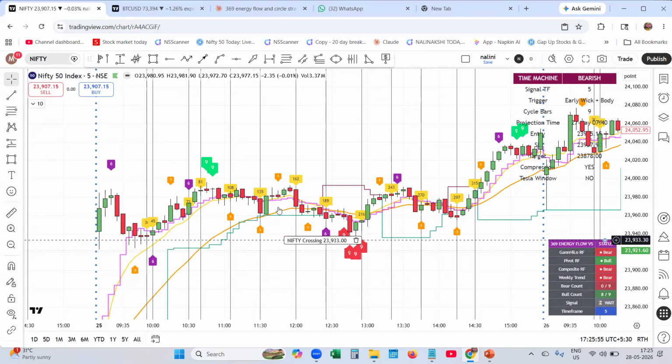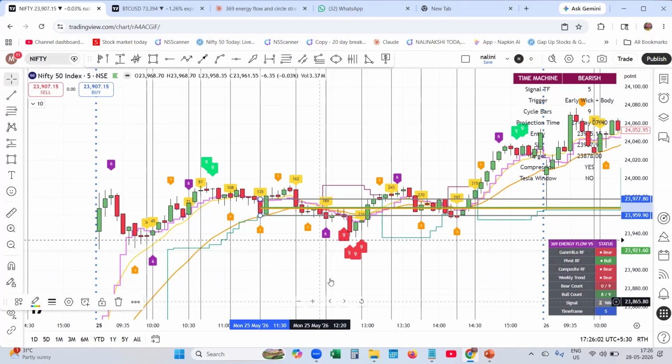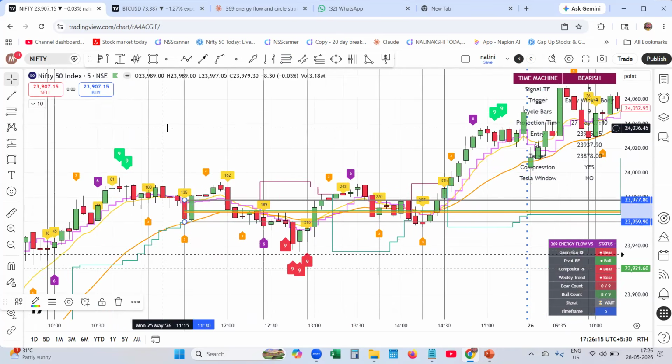You can see this is my 135 window. It was dead, right? I'm marking that. And the energy 6.3 blasted to 9. Then it started coming down, triggering all the sellers over here. Below one, this type of presentation will be there.